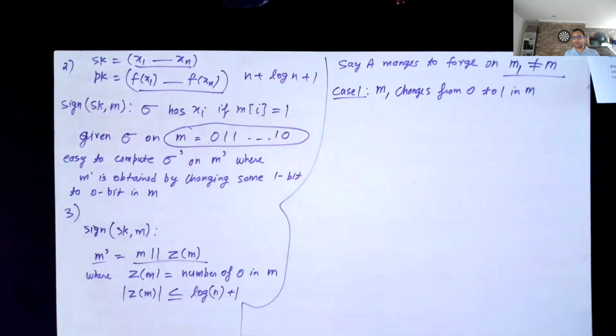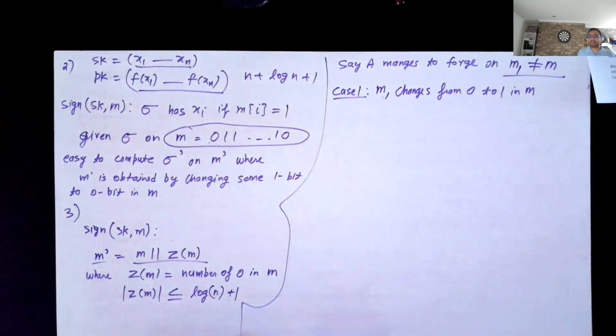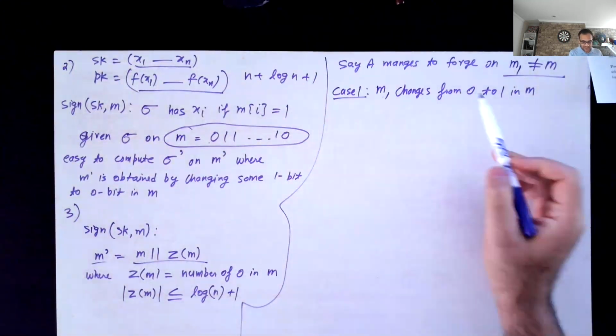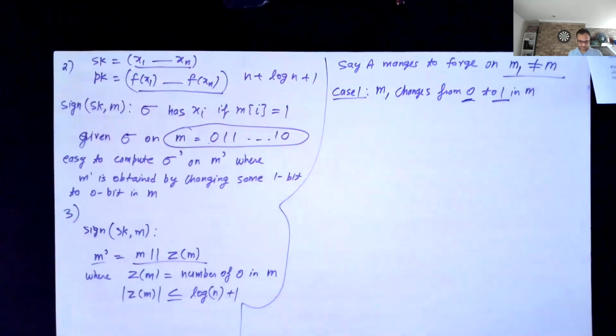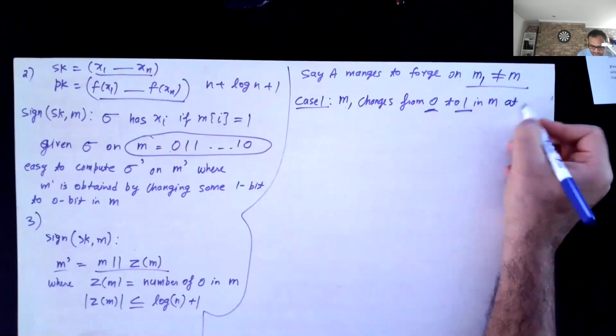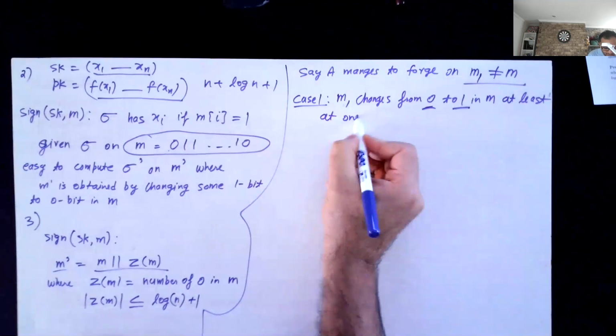Which means that at least one of the bits is different, right? That bit could be you change 0 to 1 or you change 1 to 0. So let's look at case 1. At least at one position, m1 changes m from 0 to 1. At least at one index.